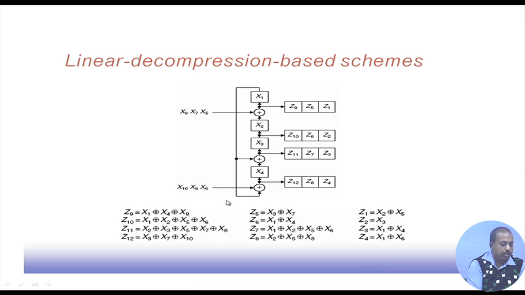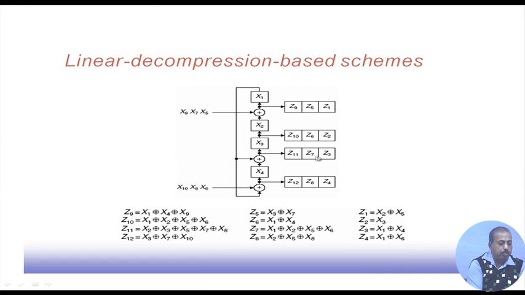Say, what is Z4? Z4 we have to start with, because first we will get Z4. Z4 is x1 XOR x6. Why? Because x1 is coming to this XOR gate and x6 is coming to this XOR gate. Now, what is Z3?